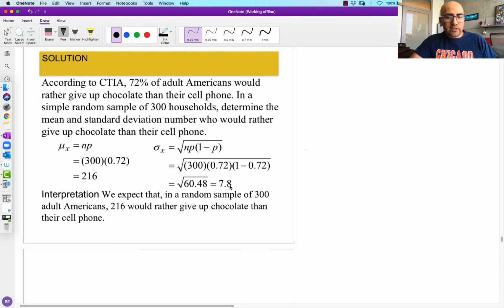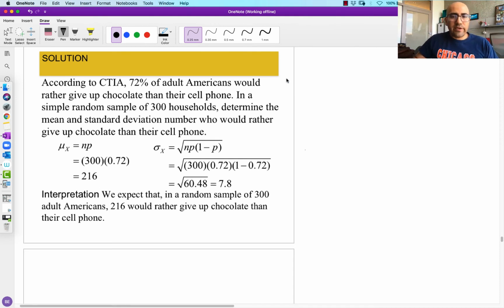They just rounded to one decimal, about 7.8. Okay, interpretation. We expect that in a random sample of 300 adult Americans, 216 would rather give up chocolate than their cell phones. Okay, so let's dive a little deeper into this interpretation just to make sure that we have a good idea of what that means.